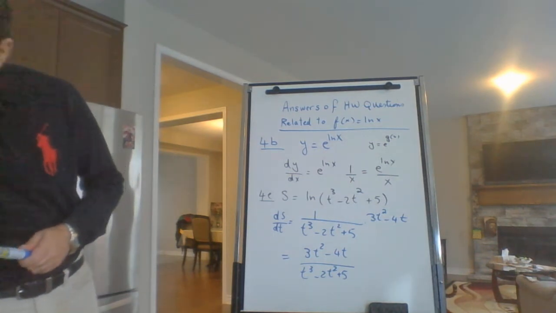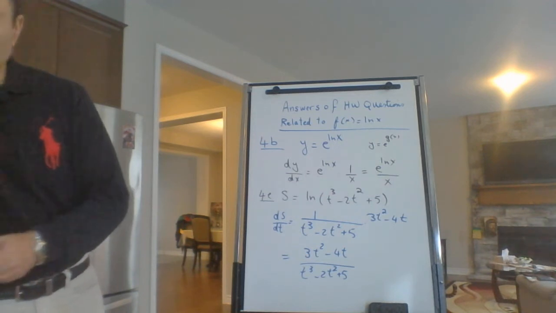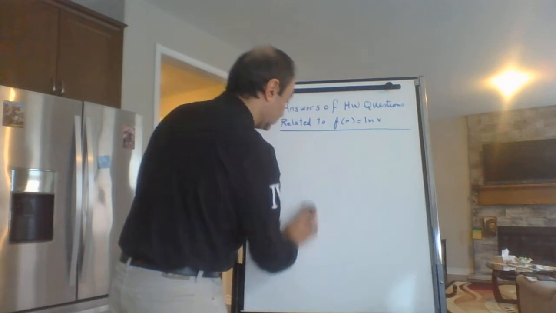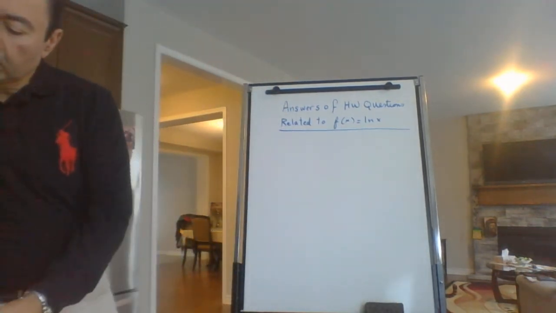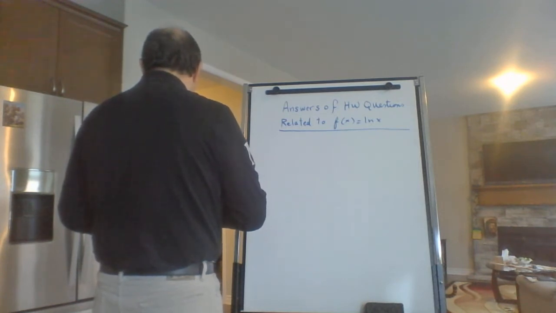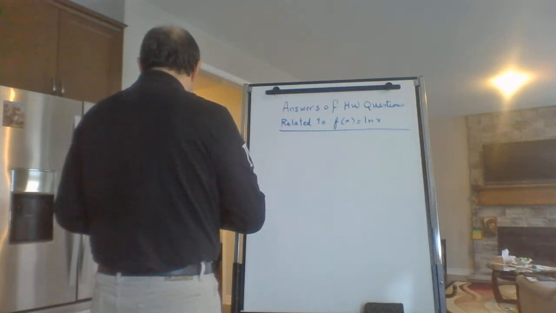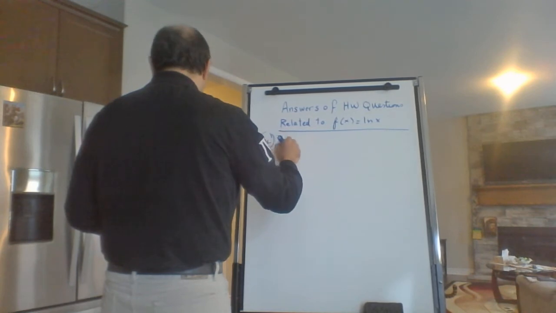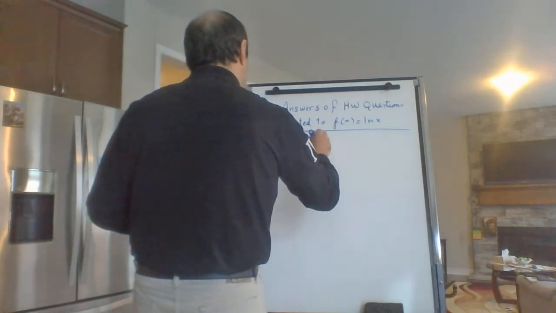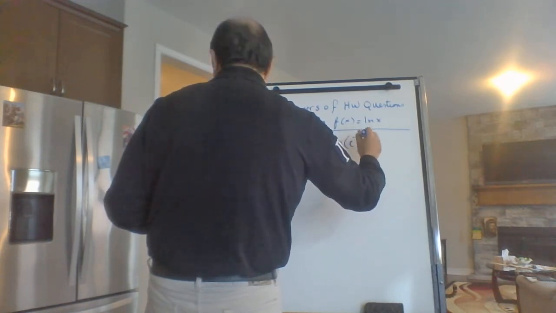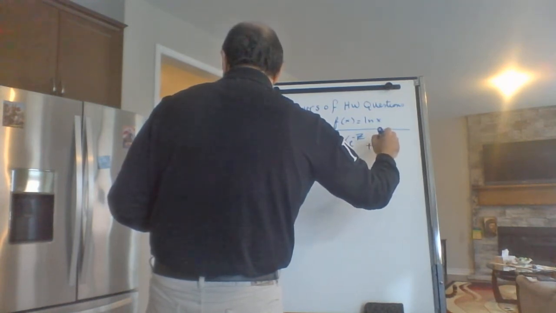Another question is 4d. So 4d is g of z equals ln of e to the power of negative z plus z e to the power of negative z.